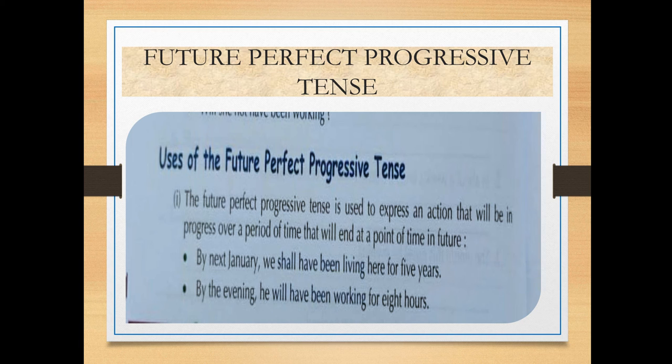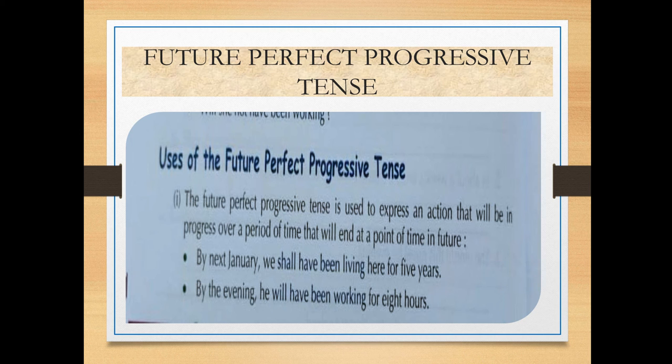Future perfect progressive tense. First we will see the formation, okay? Now in the future perfect progressive tense, the sentences are formed by using shall/will plus have plus been plus the present participle form of the verb, that is V1, and since it is progressive, the use of ing along with the word is there, right?